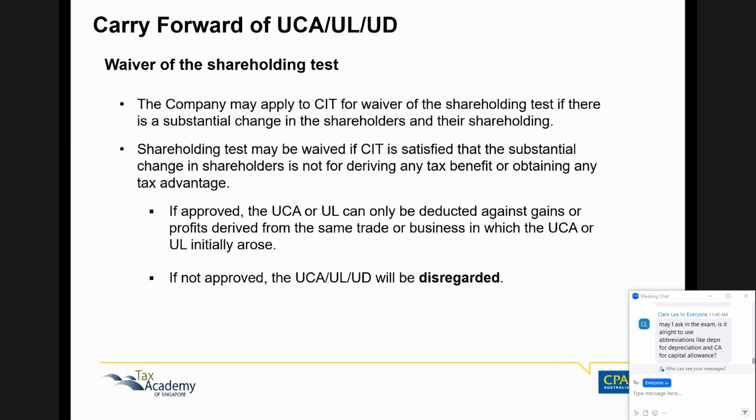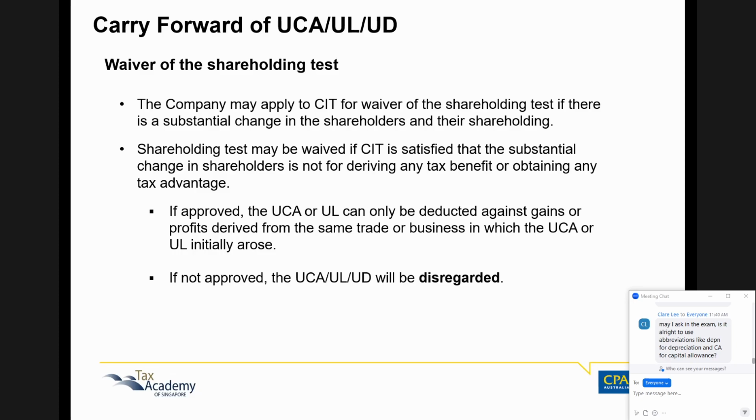If the controller is satisfied that the substantial change in shareholders is not for deriving any tax benefit or obtaining any tax advantage, then they can waive this test. You have to apply for it and explain why it is not for tax benefit, stating the circumstances why there's a change in shareholding, etc.